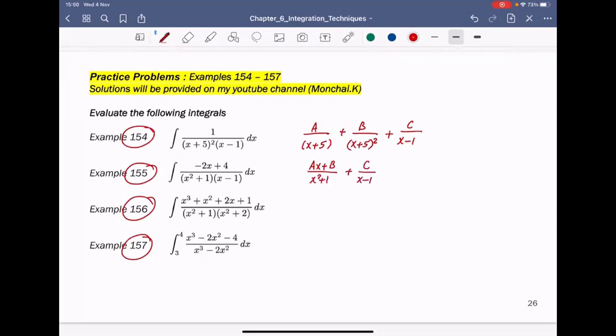The third one is going to be ax plus b over x squared plus 1 and cx plus d over x squared plus 2. If this is hard, we can put a square here, so you're going to have ex plus f over (x squared plus 2) squared.